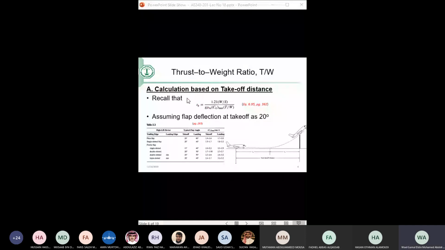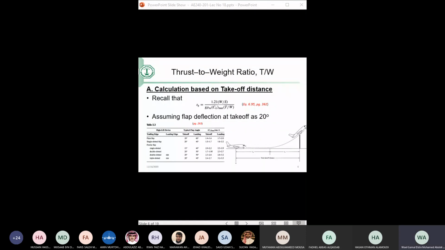SG, I don't know the exact value, but I know that it is, if added to SA, will be 2500. So let's wait on this for a second. Do we know W over S? Yes, we had it from last time to be 29. Density, sea level, of course, G 32. T over W is what we want to find. So I really have to find CL max before I move any further.